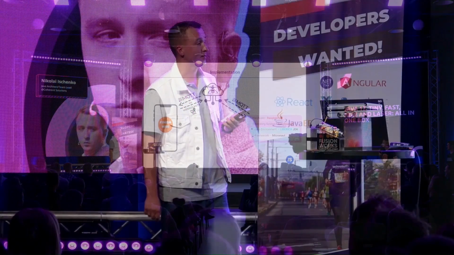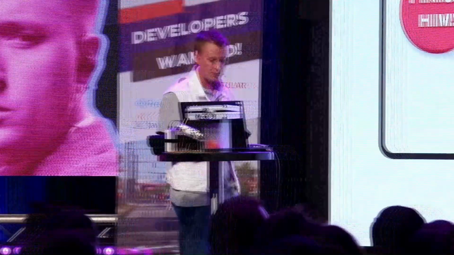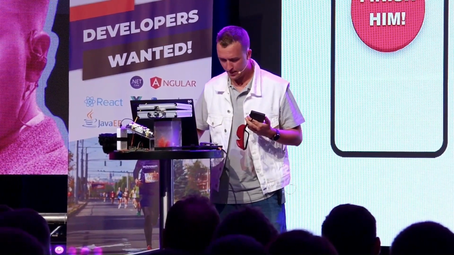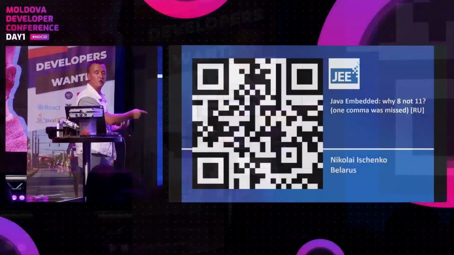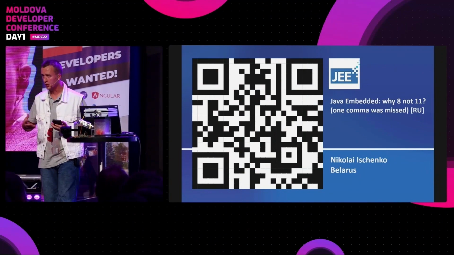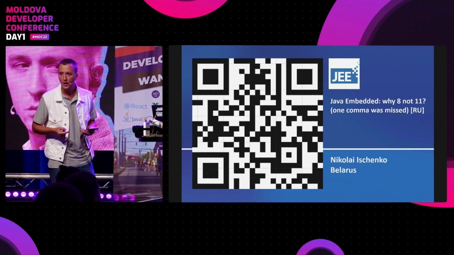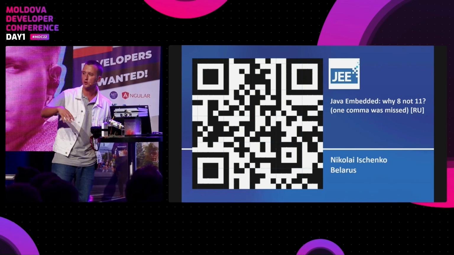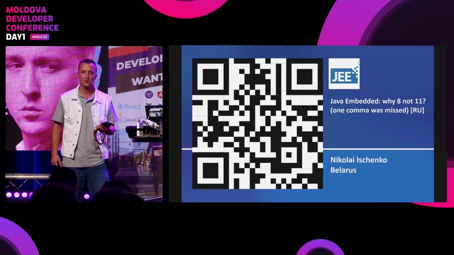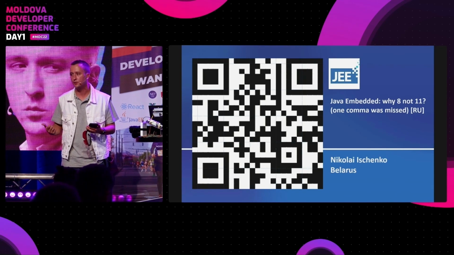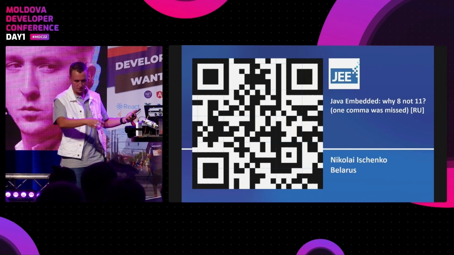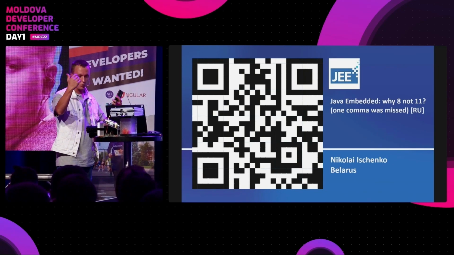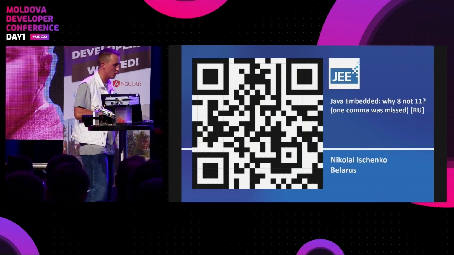Okay, guys, at the end of this speech, first of all, I want to share with you this QR code. In case you are a Java developer, it would be interesting for you to know some of the details of this implementation, and in case you want to build your own crazy device, like a chewing gum machine or laser machine or some other machine that you can develop, you can find all of the details by this QR code.